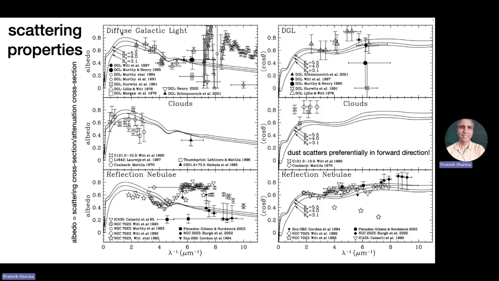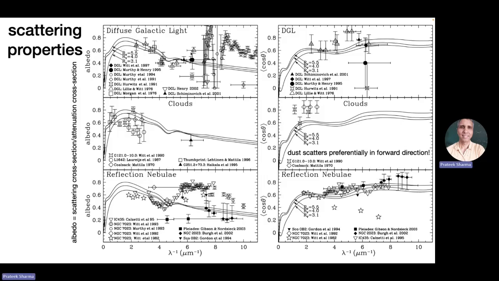Okay, so for example, if you look at the diffuse galactic light in this wavelength, again this is lambda inverse on the x axis, these are observations, and here this is Murthy, who has worked a lot on UV instruments.